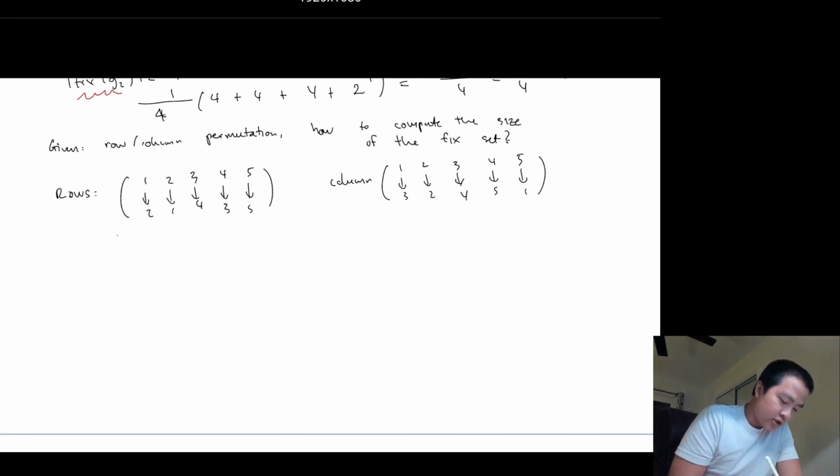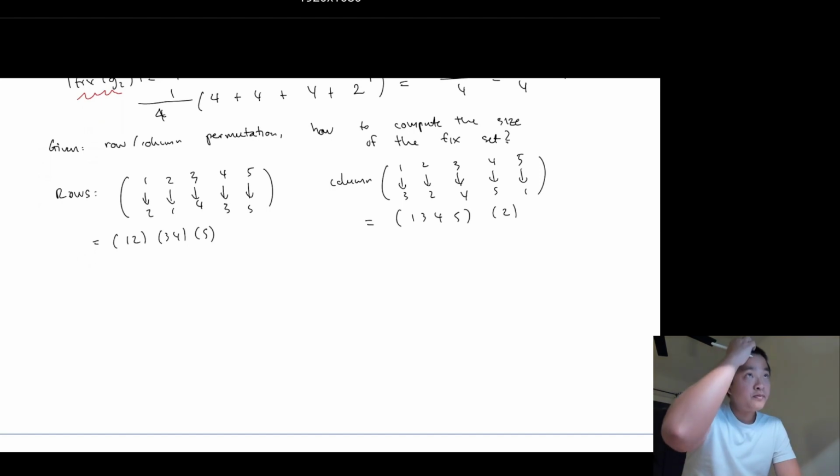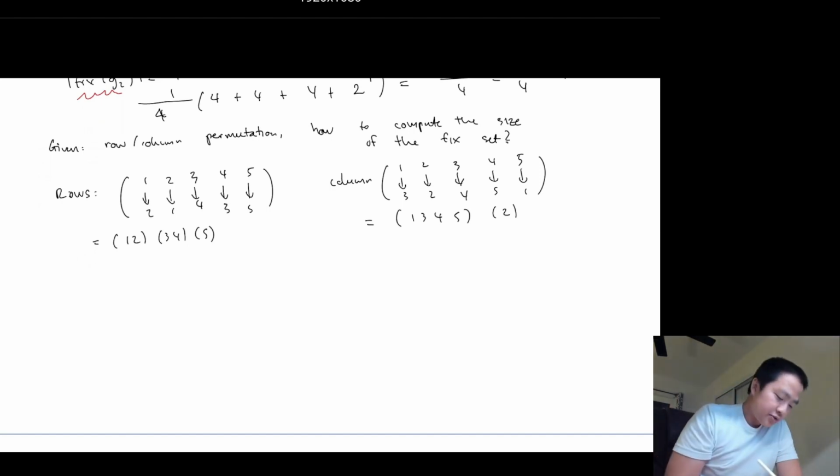For rows this would be (1 2)(3 4)(5). For columns, in cycle notation, this is (1 3 4 5)(2). You can convince yourself that this partitions the matrix into 6 blocks.